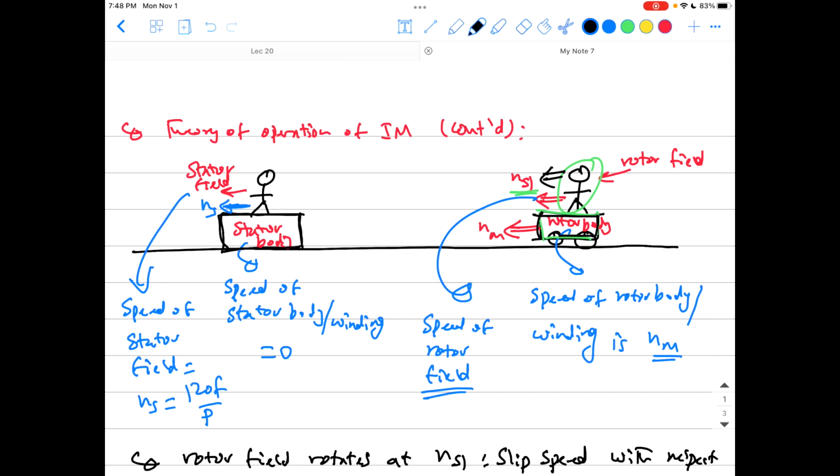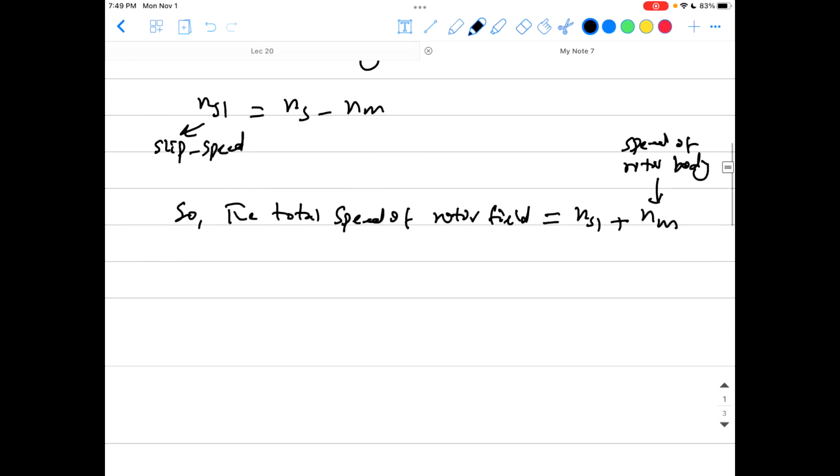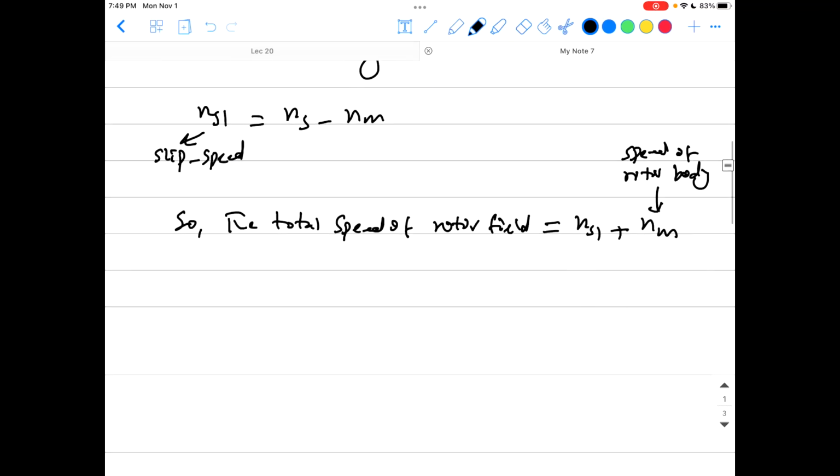So the actual speed of the rotor field, which is carried on the rotor body, will be the summation of the two speeds: the speed of the rotor body, which is the car that is carrying this guy, and the speed of this guy, which is running on top of the car by an additional speed, which is the Nsl. Okay, guys?